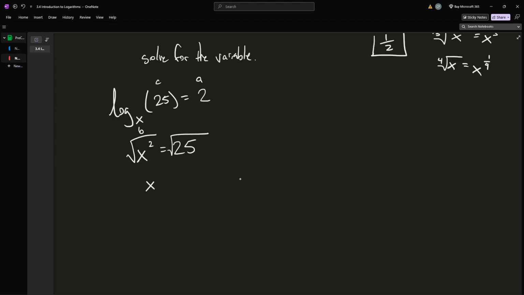As I square root it, what squared is 25? You might have said 5, but also negative 5. They are both here. But one quick thing I didn't say above, I'll say in the next lesson with all the properties, is the base always has to be positive. It could be a fraction, but it always has to be positive. So we just reject this, and x equals 5.